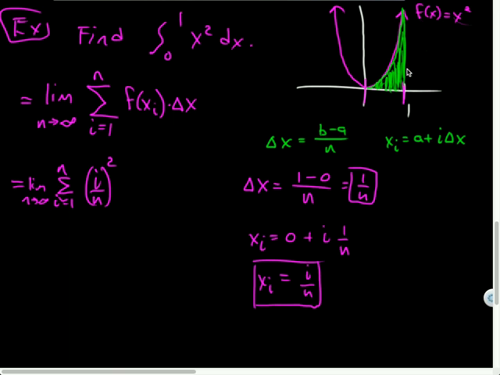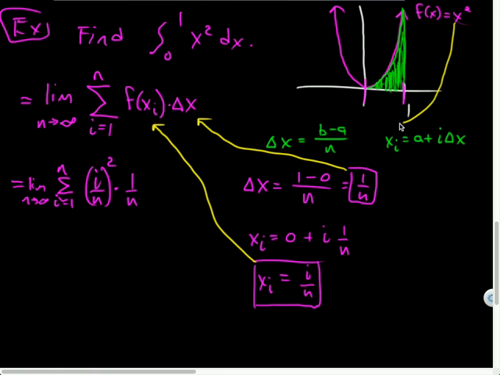The function f was x squared, and I'm plugging in i over n, multiplied by 1 over n, because delta x was 1 over n. So lots of substitution going on here.